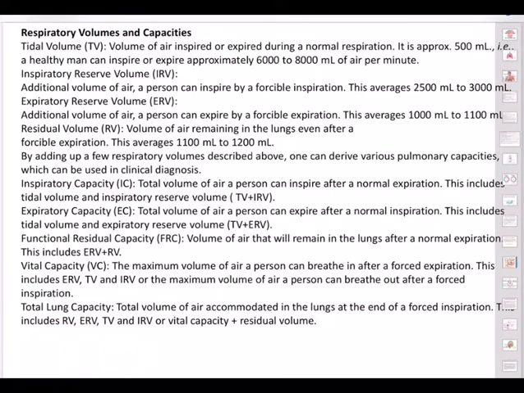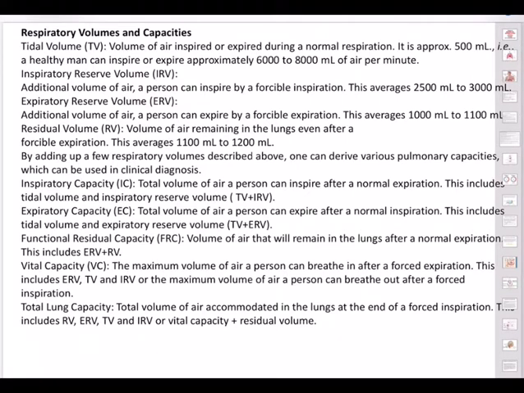The formula can be FRC is equal to ERV plus RV. What is ERV? ERV we already said on top that it is expiratory reserve volume. So ERV plus RV. RV is residual volume.